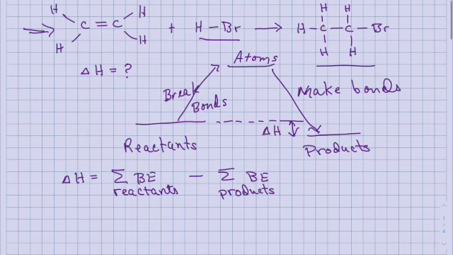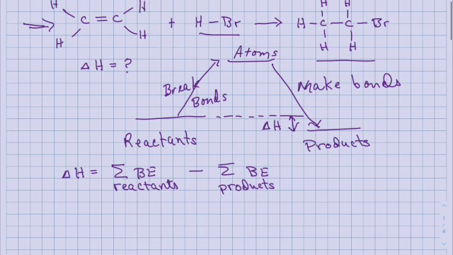All right, so let's go ahead and do this. Let's list the bonds in our reactants here. We have a carbon-carbon double bond, and we have carbon-hydrogen bonds. You'll notice that we've got 4 of those: 1, 2, 3, 4.